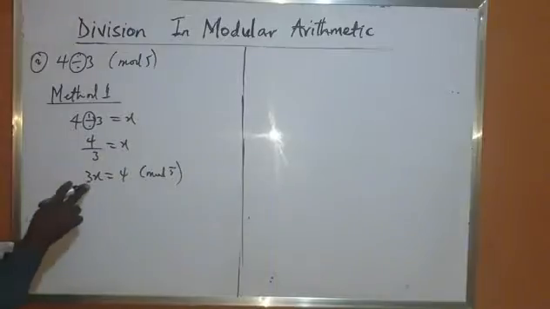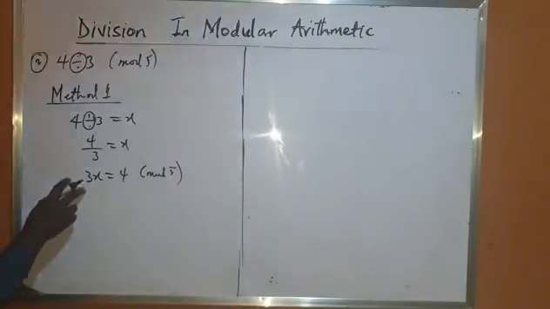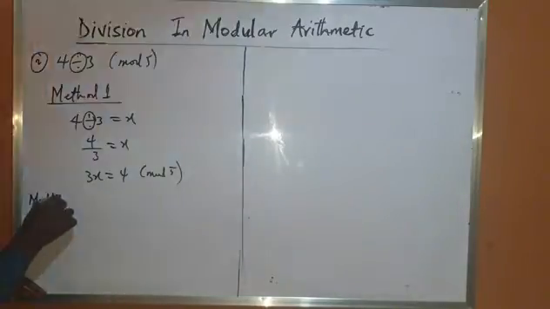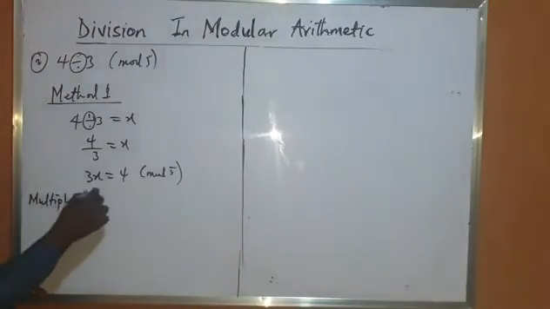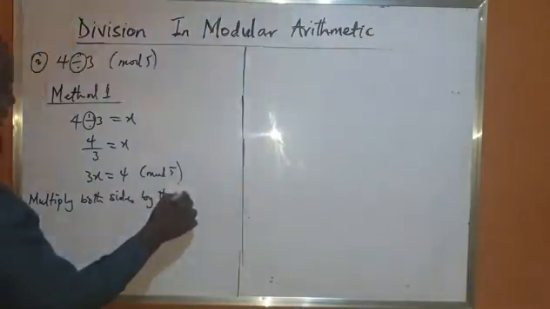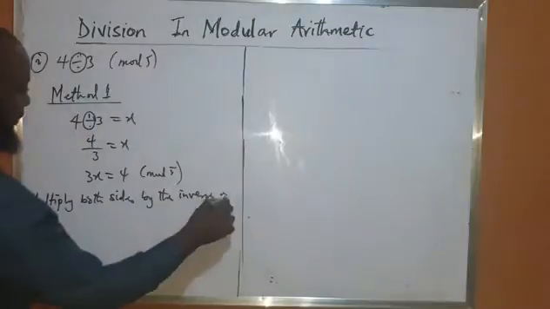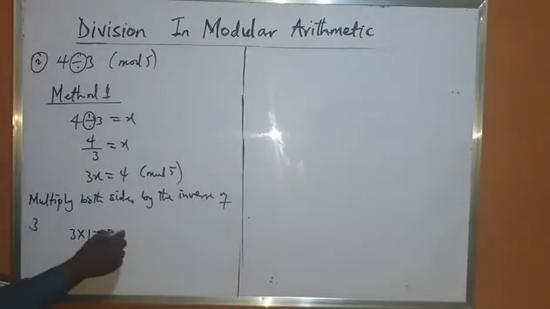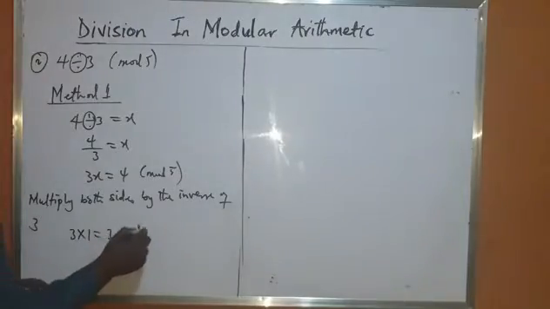So we look for the inverse of 3. That will give us what? 1. So multiply both sides by the inverse of 3. So we need to get the inverse of 3. Let's see, 3 times 1 will give us 3 mod 5. So this will not give us 1, right?